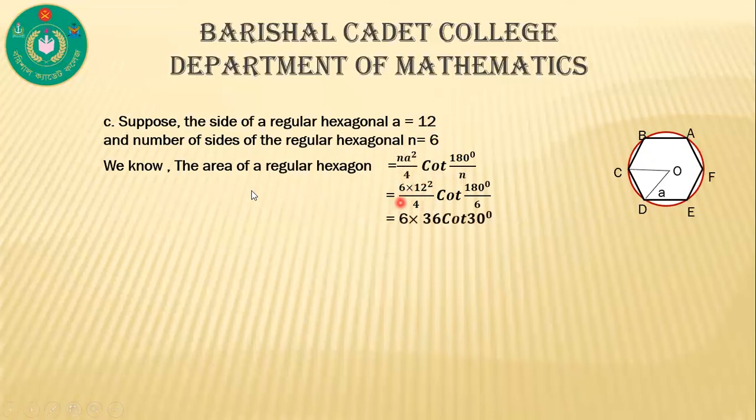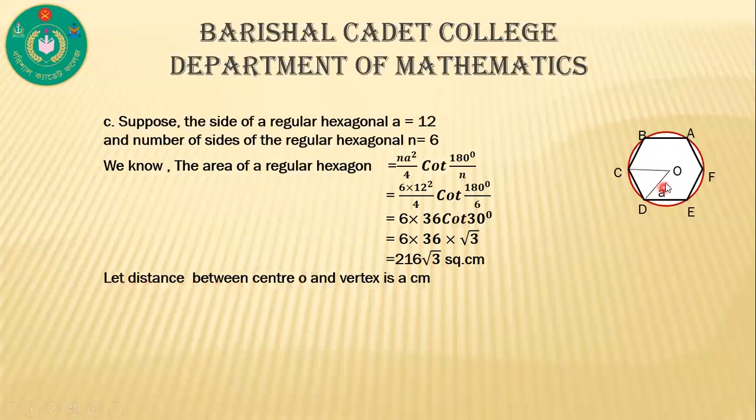After calculating this, we can write 6 into 36 cot 30 degree. We know cot 30 degree is equal to root 3. Then we can write 216 root 3 square centimeter.